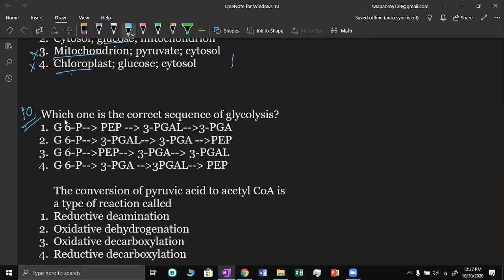Can you tell what G6P indicates? Hello, anyone? We have G6P, PEP, PGAL, PGA. Can you tell their meaning? Anyone? Or whichever you can tell.